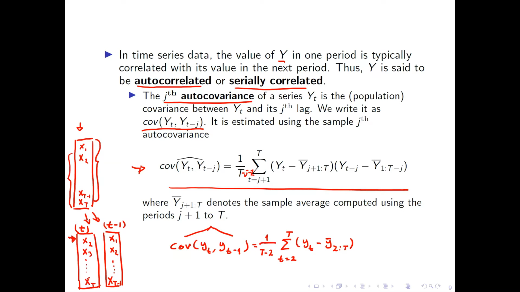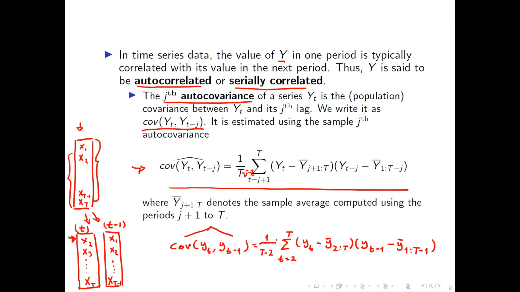column vector here from x2 to, or in our case, y. So it's just numbers here. And we have to multiply this with yt minus 1 minus y hat, which is the average of the y variable for the observations from time equals 1 to time t minus 1.